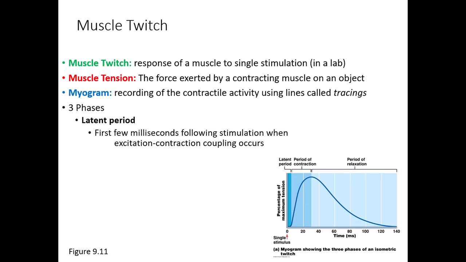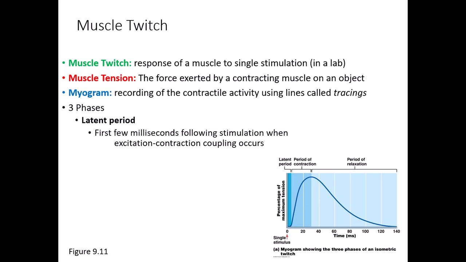So these are pretty quick occurrences. So the first few milliseconds that follow the stimulation is known as the latent period. So if you look at the myogram, the stimulus is the stimulation, and that's where the red arrow is showing you, and that's happening at our time 0.